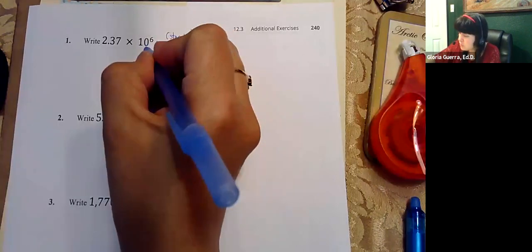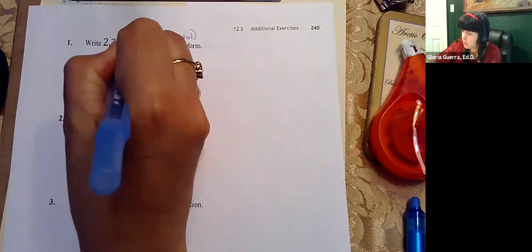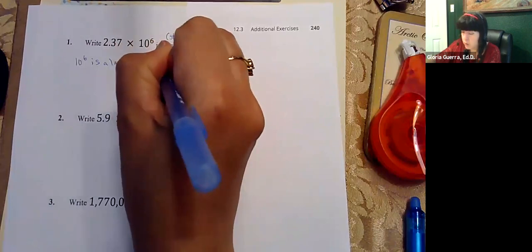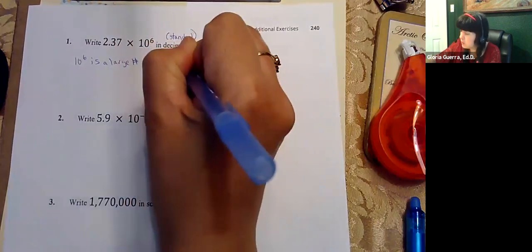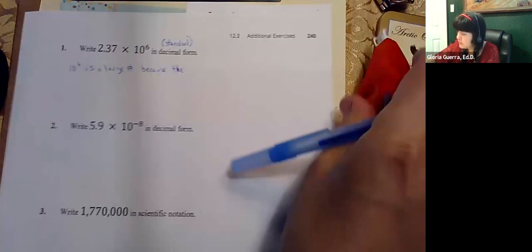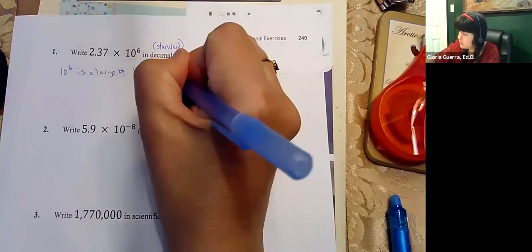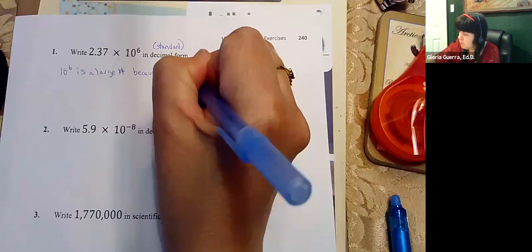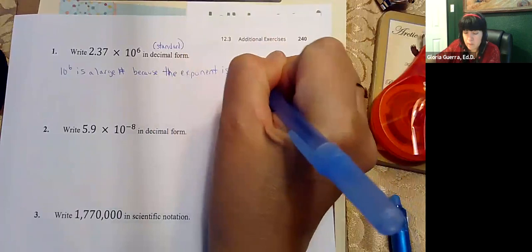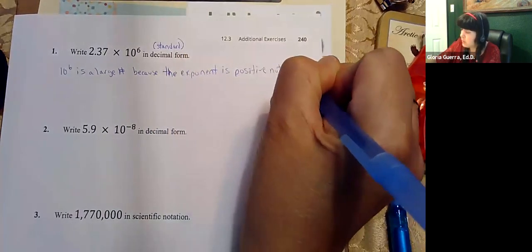And what I want you to notice about this 10 to the 6 is that it is considered a large number. And why? How do I know that? Why do I consider it large? Just simply because the exponent is positive. That's really the reason why. It's not a negative exponent, because the exponent is positive as opposed to not negative.